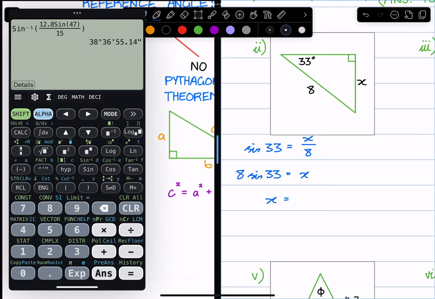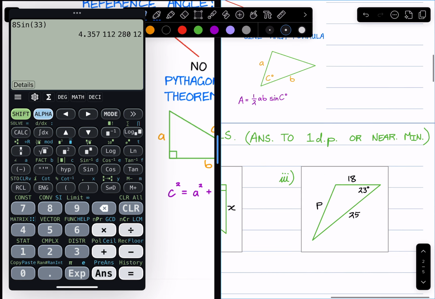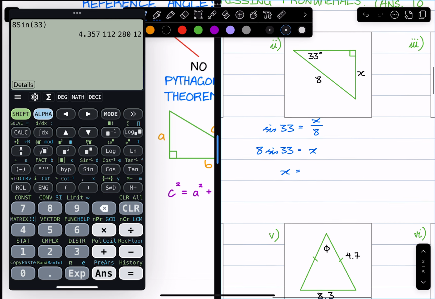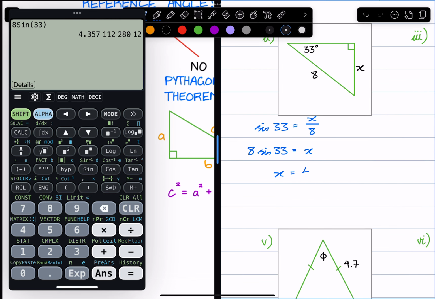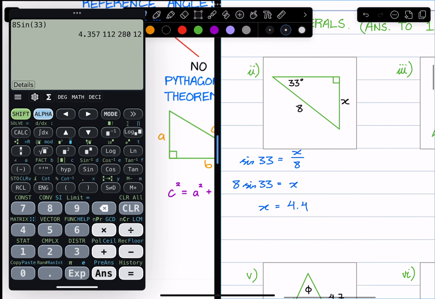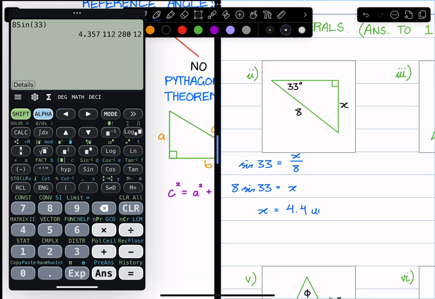Calculating this, 8 sine 33 gets us 4.357. Rounding off to 1 decimal place, this gets us 4.4. In this problem there are no units of measurement, so let's just say 4.4 units, and we'll leave it at that.